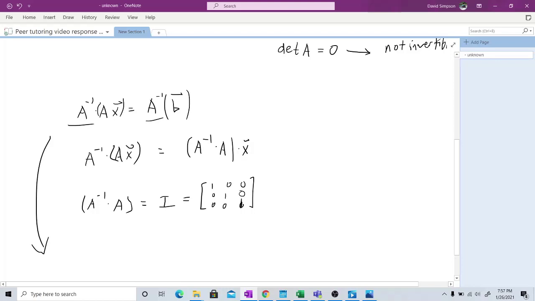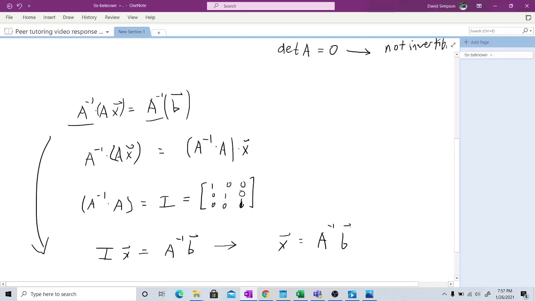A negative 1 times A times X. I times x equals A negative 1 b. And what that gives us is, I times something just gives you the same thing. So x equals A negative 1 b.